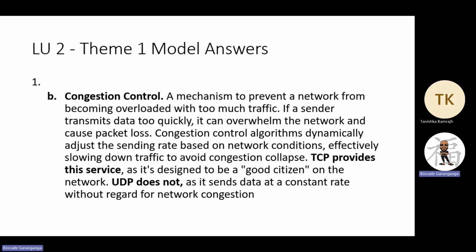So particular algorithms will be able to identify that there is some kind of congestion here, or data is being sent a bit too fast in accordance with what is currently set up, and then slow down or throttle that traffic to ensure that we avoid issues in that setup. So once again, with this type of service, TCP does provide for it, right? It's part and parcel of its mechanism.